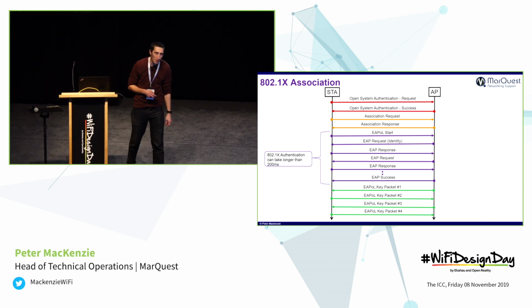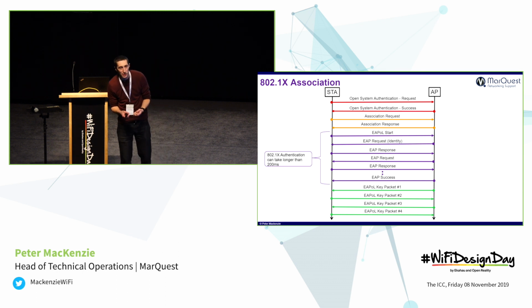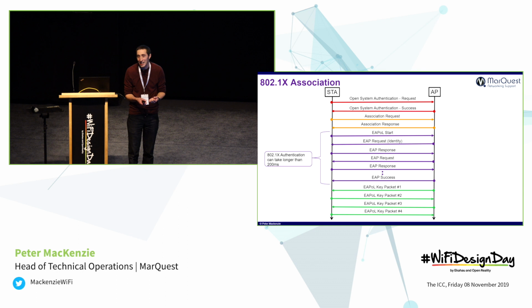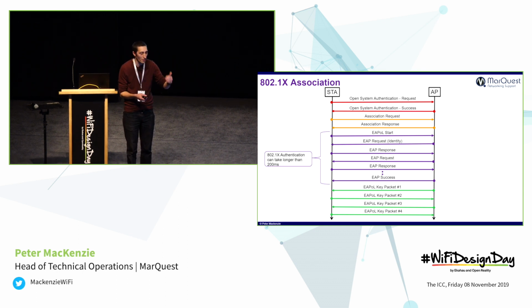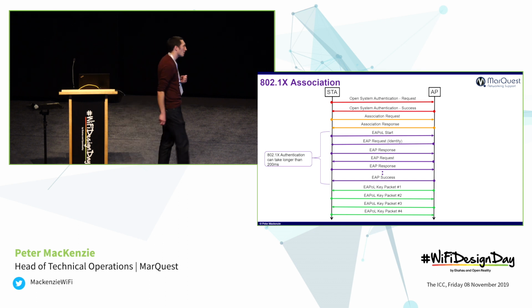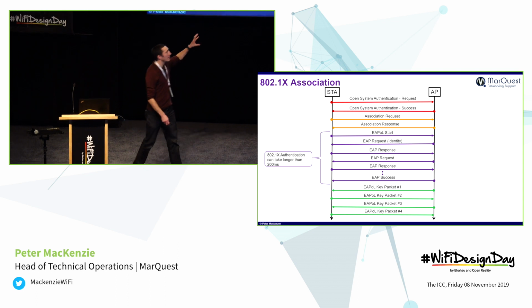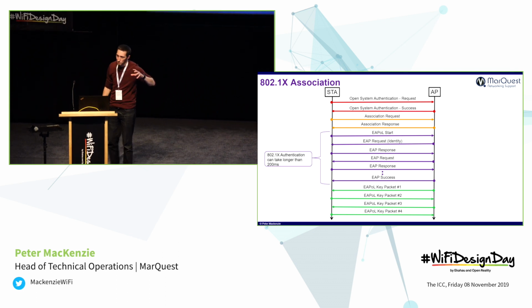And for people who know what voice requires, we generally say with voice, we don't want to have any delays more than 150 milliseconds because anything longer than that is audible to the user. So this whole process can take a long time.